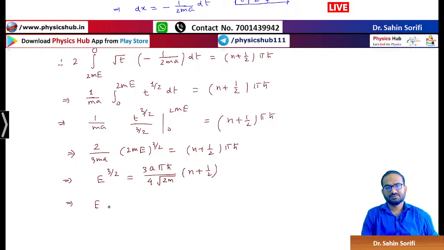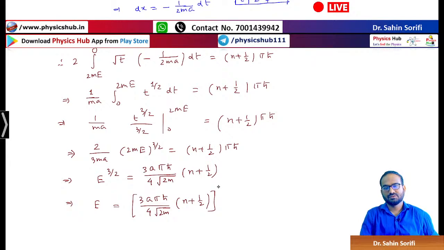So E is equal to 3a pi h cut upon 4 square root of 2m, times n plus half, to the power 3 by 2.